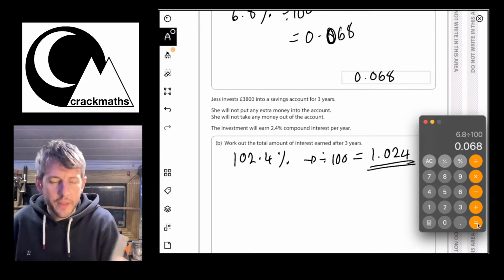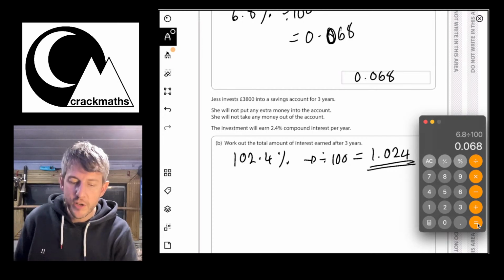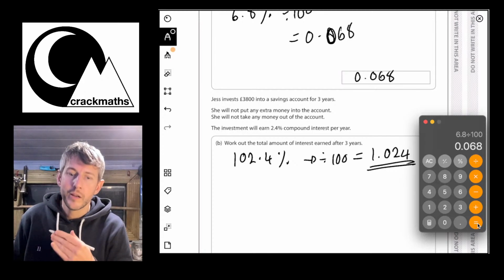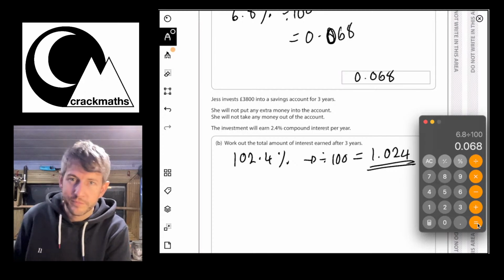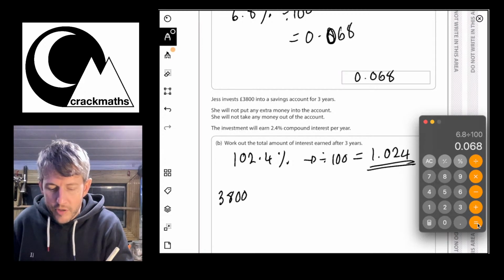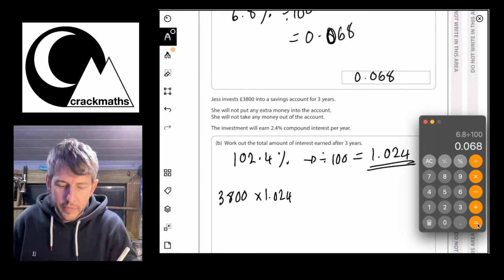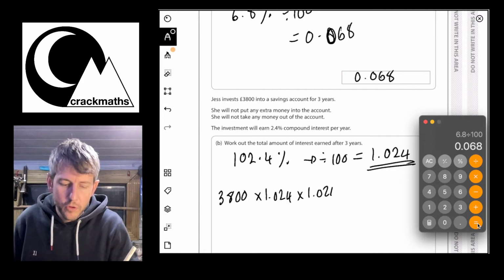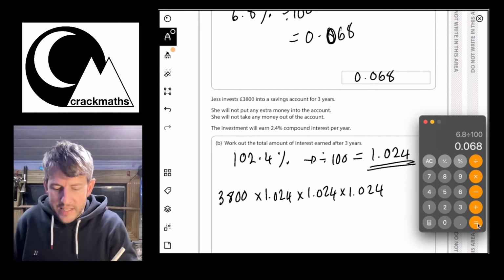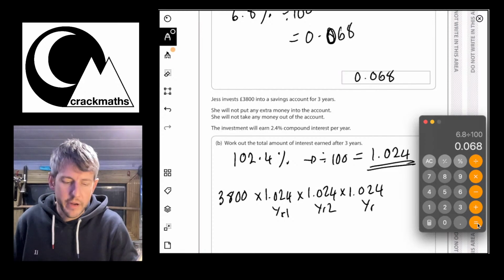So now we've done this, any number that we multiply by 1.024 will increase that number by 2.4%. So what we're going to do here is work out 3,800 times 1.024 times 1.024 times 1.024. And this is for year 1, year 2, and year 3.